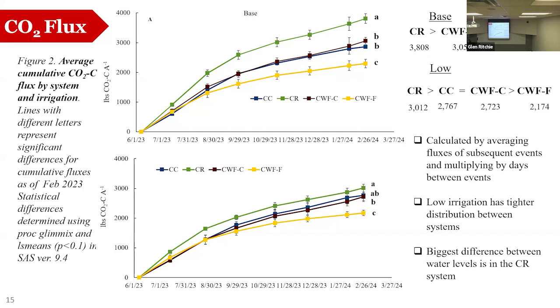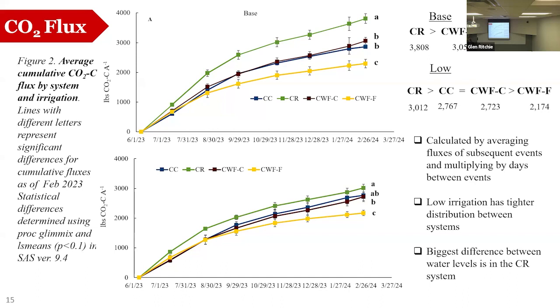One interesting trend you can see here is that the distribution of our different systems is actually a lot tighter. And I've seen that trend in some other studies we've done and that I did in my master's. And it's that when you add in something such as fertilizer, manure, or even irrigation, that's going to increase the capacity to emit carbon dioxide, so the capacity of those microorganisms, you're going to create a larger spread.